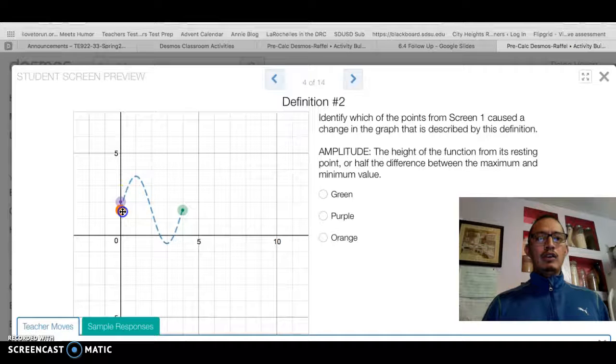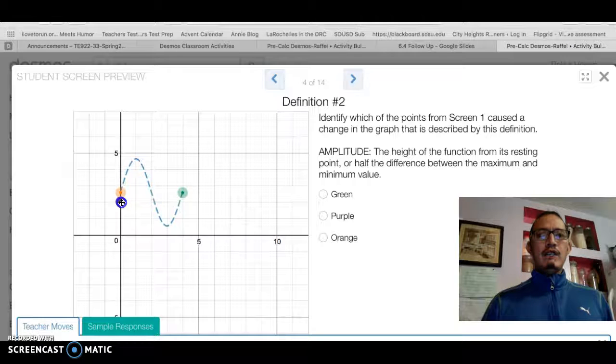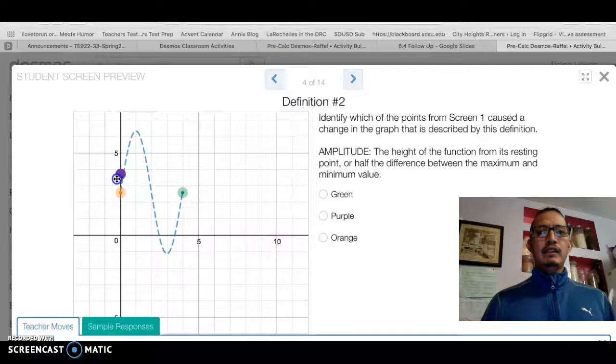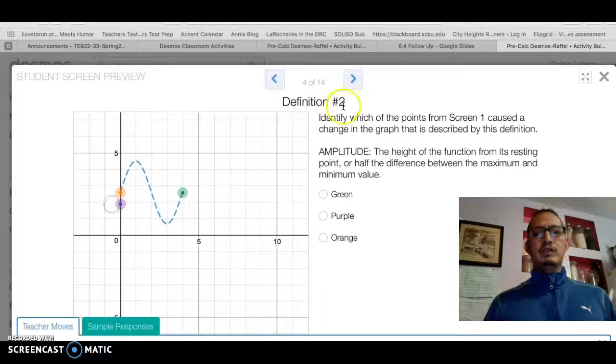So my amplitude affects, if you want to call it in any other terms, how tall or how short my graph is, correct? Perfect, you see that? You can actually have the amplitude go different ways. See, taller, shorter.